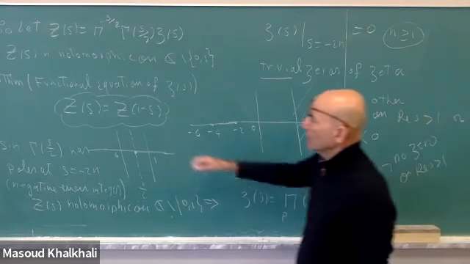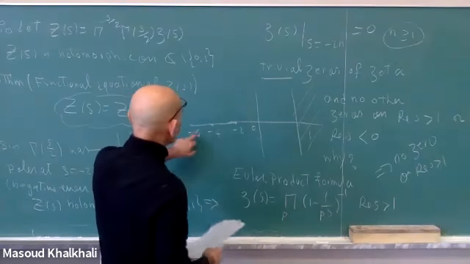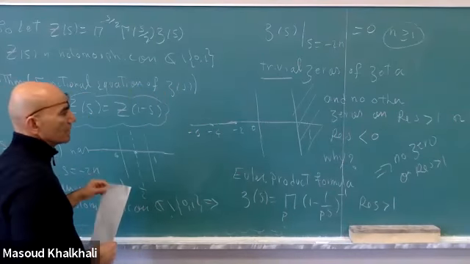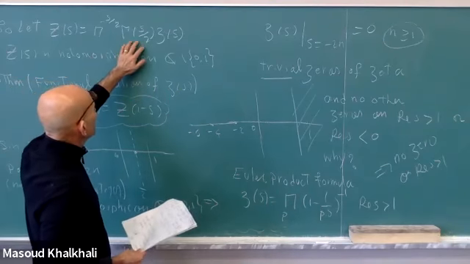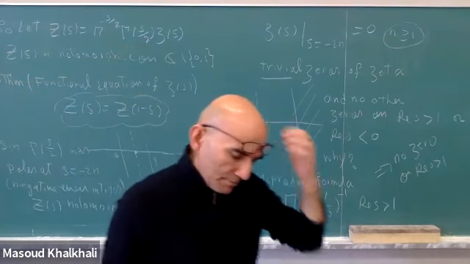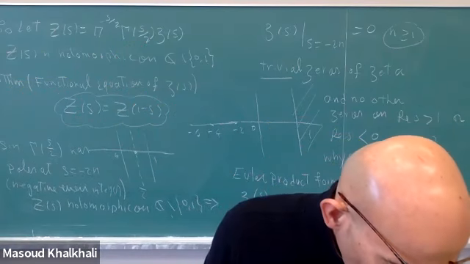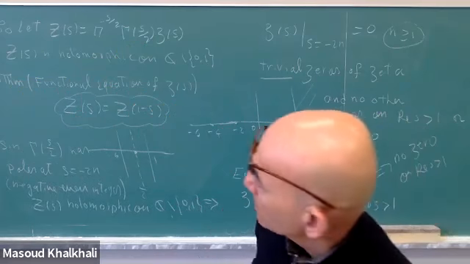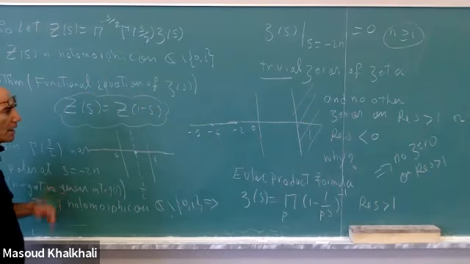And by this functional equation, except for these trivial zeros, which have to be there, there are no other zeros. So you see, you have to be playing well with this gamma of s over 2. So that's the first step in the Riemann zeta function.